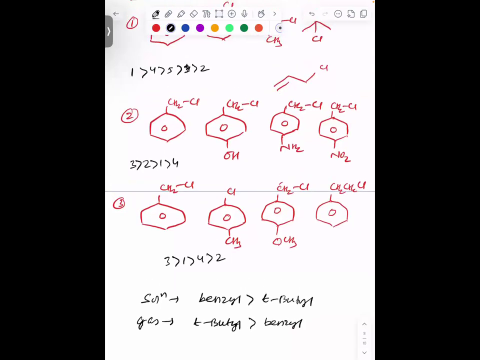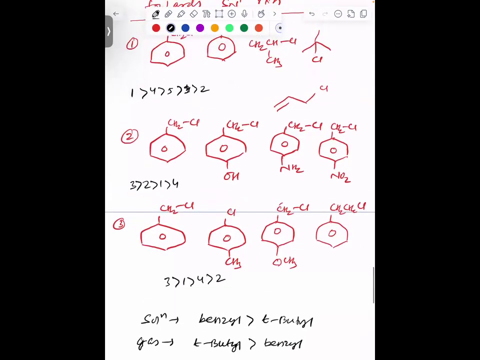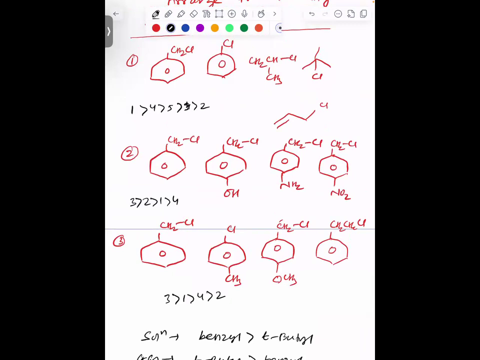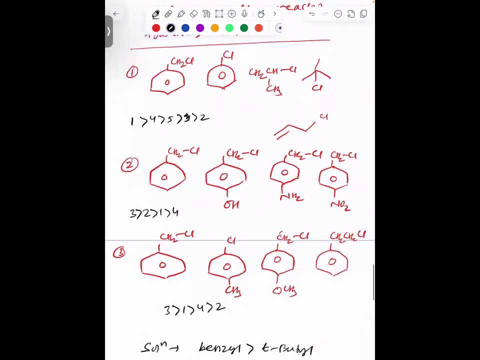Okay, in the gaseous phase tertiary butyl is more stable than benzyl, and in solution benzyl is more stable than tertiary butyl. So I hope there is no need to explain. The SN1 reaction happens in a polar protic solvent, so it will always happen in the solution phase, never in the gaseous phase. In solution phase, benzyl is more stable than tertiary butyl. So first benzyl, then tertiary butyl, then allyl.